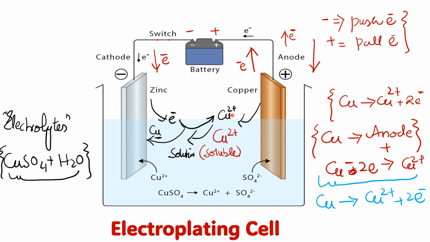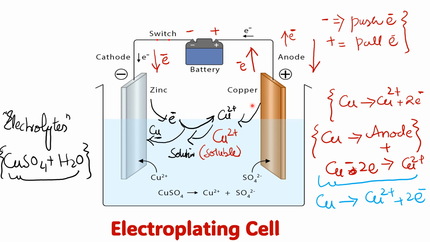Okay, so the positive terminal of the battery will pull electrons from the copper plate, and copper will then be converted into copper ions, whereas the electrons will start to flow through the battery and go toward the cathode. The cathode has the ability to push electrons, so electrons will be pushed into the solution. When the electrons are pulled by the anode from the copper metal, copper is converted into ions.